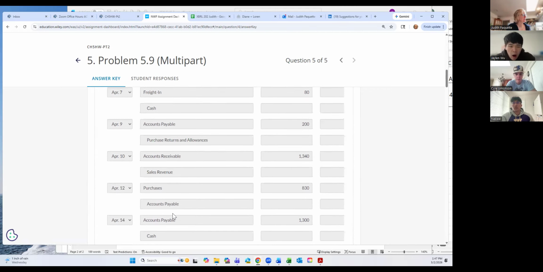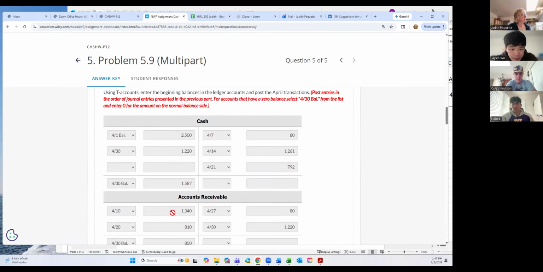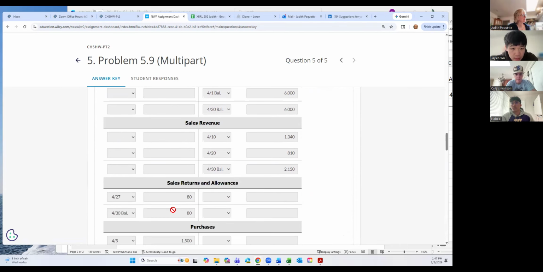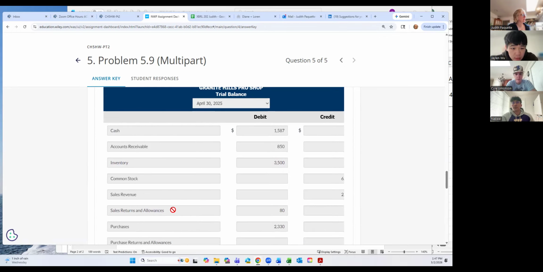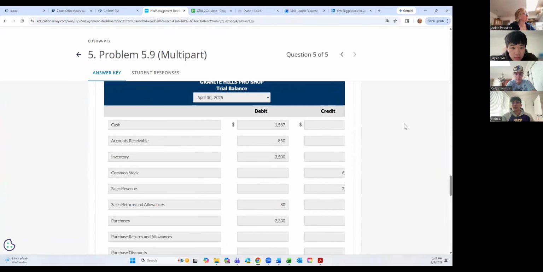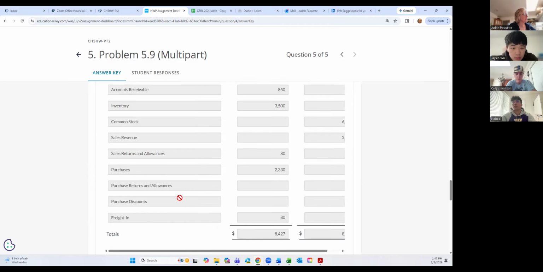So you got down here, and then here's all your accounts, and then here's your trial balance. And you have these accounts: purchases, purchase returns, purchase discounts, and freight in.